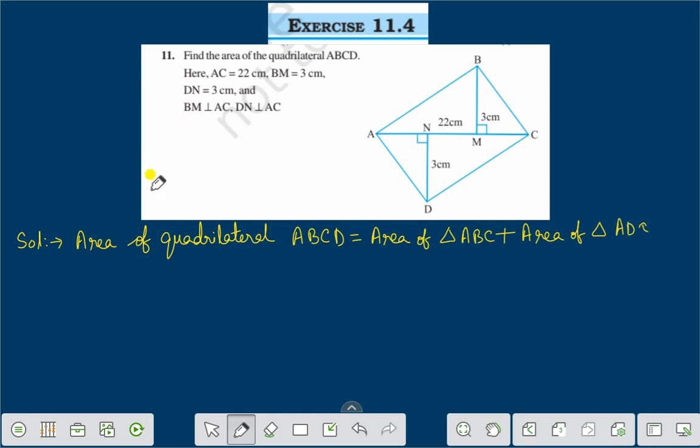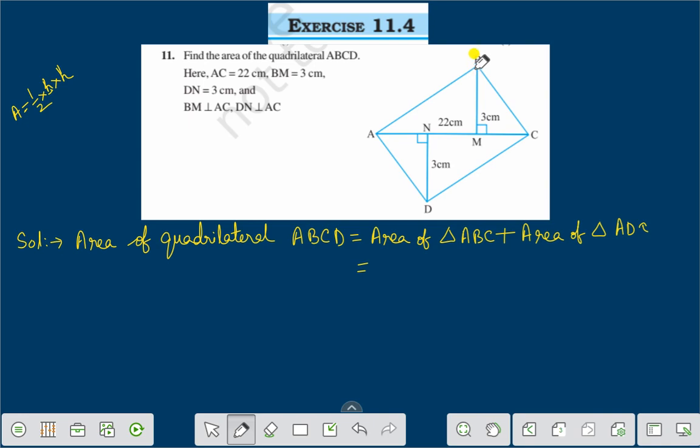We know that area of a triangle is half base into height, that is 1 by 2 into B, that is base, into height, that is h. This is B and this is height. So we are getting area of triangle ABC.